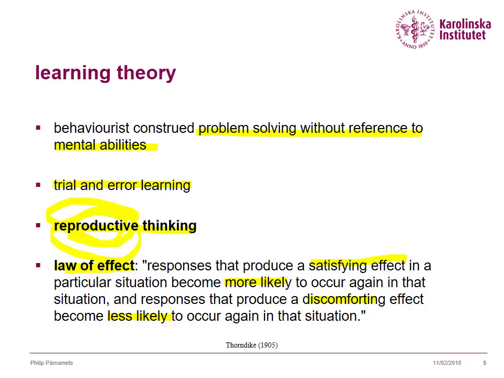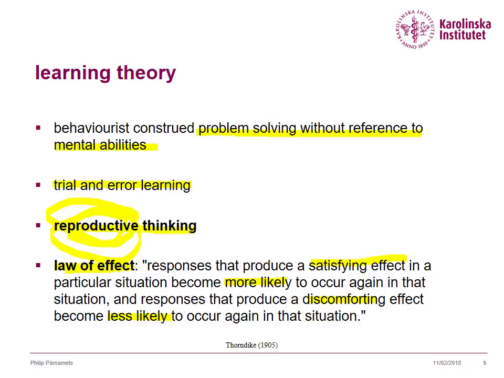Then the idea here is basically that if I, for example, want to drink my coffee and I choose the method of solving that problem by going into the next room and getting coffee, then the next time I want coffee, I'll be more likely to choose that particular behavior, i.e. going to the next room, rather than my alternative behavior, which was going outside of the building and going down to the coffee shop.